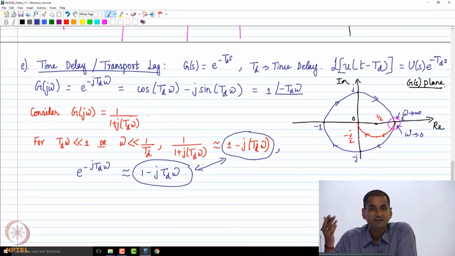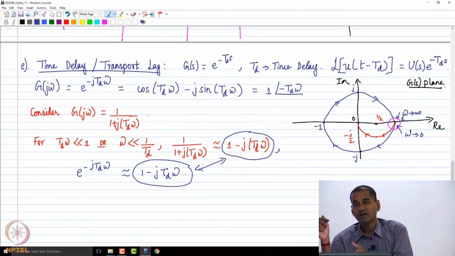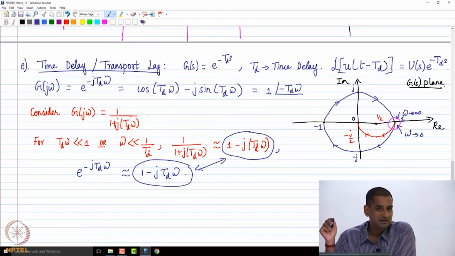So we had to do some finite order approximations so that we can get proper transfer functions, when we want to analyze systems with time delay. What were the couple of approximations that we discussed? One was this, another was the Pade approximation. So I hope now it is clear why this first order approximation makes sense, and it is also very clear when you can apply them.